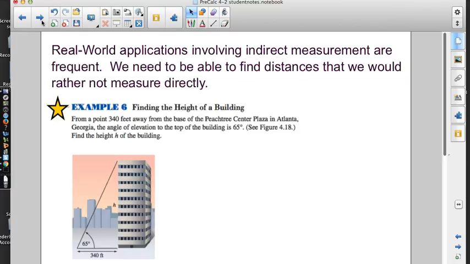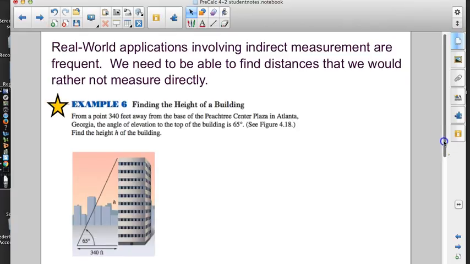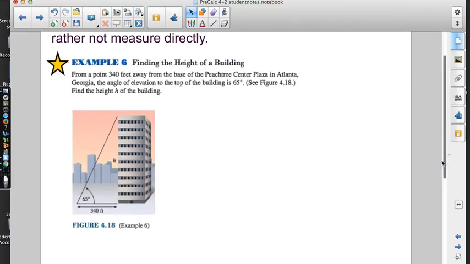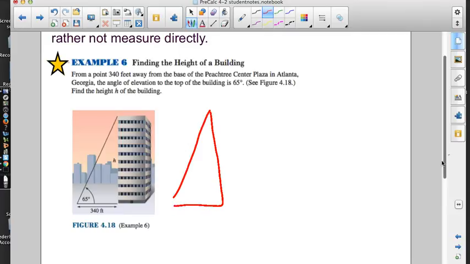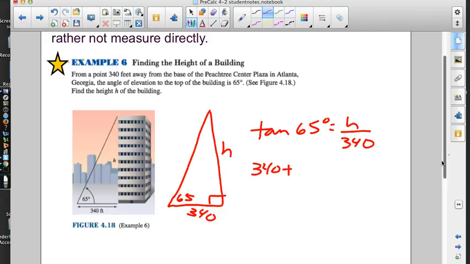What did you get? I got 729. I took tan 65, then times it by 3 since tan of the angle equals opposite over adjacent. 729.132.